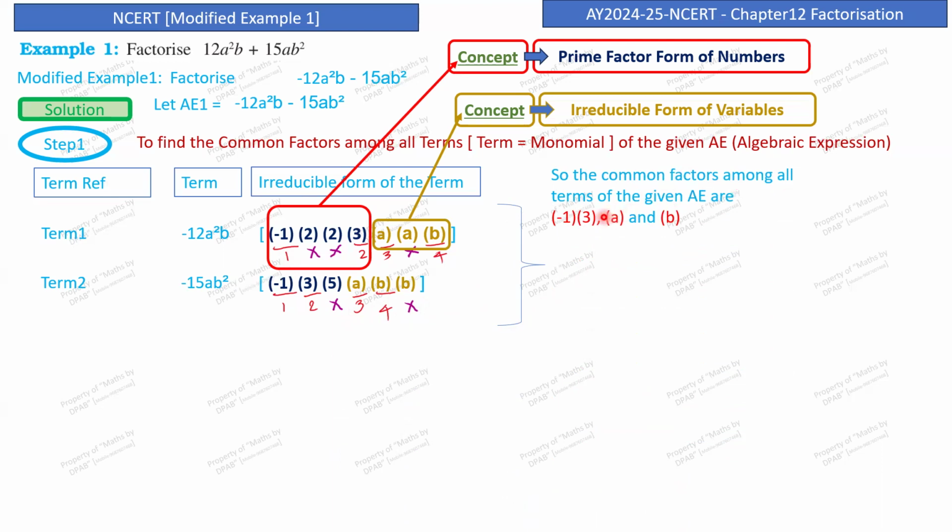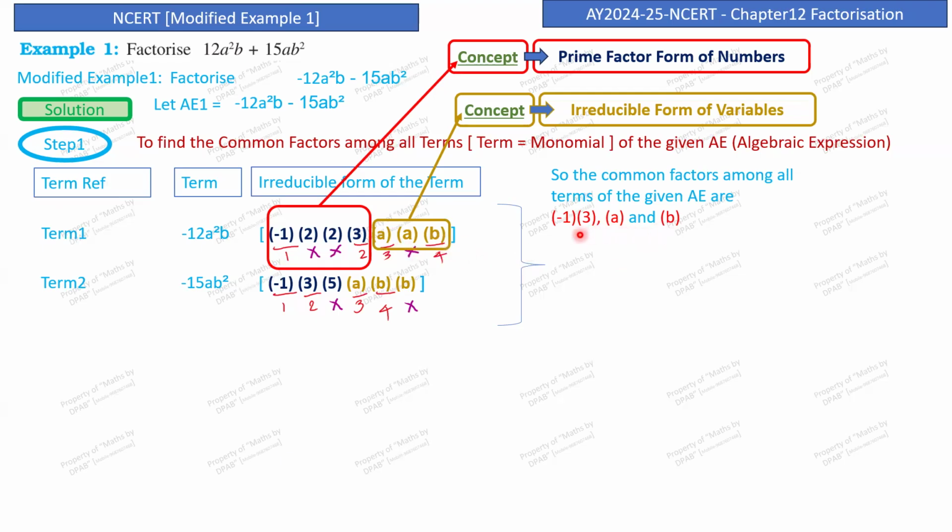How many terms do we have? 2 terms. All the terms means the 2 terms of the given algebraic expression. Minus 1 is the first common factor we have written here. It should be a comma here. Then 3, comma, A is the third common factor and B is the fourth common factor, right?